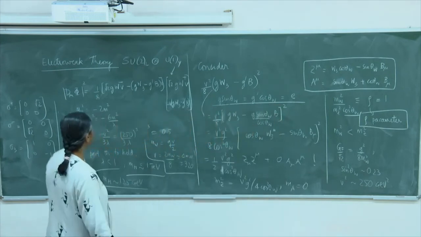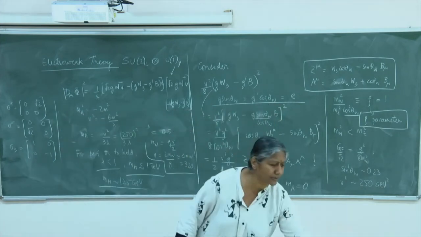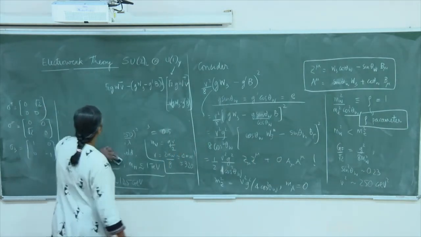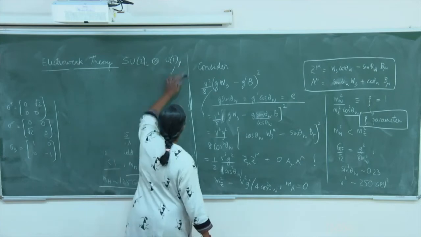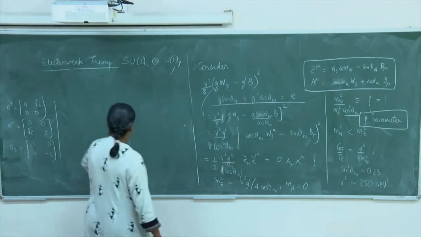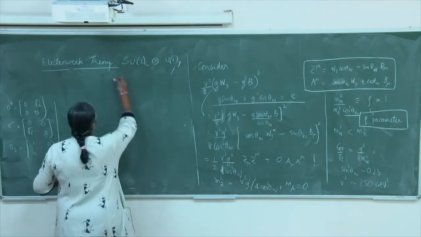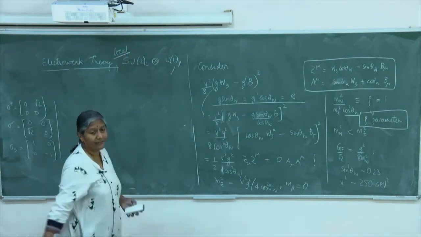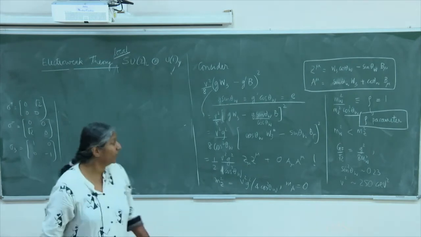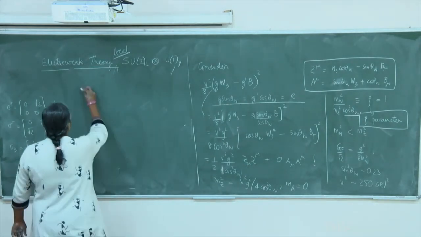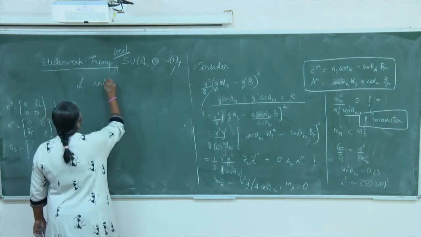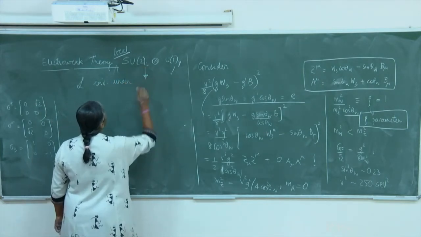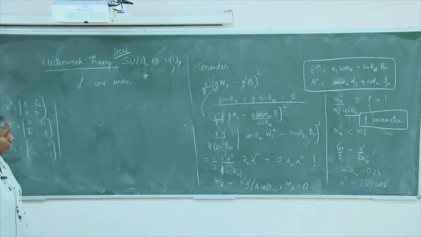Now I make some formal remarks before I stop. So let us see what we have done, okay. We have taken a local invariance in general. So L is invariant under this local SU2 cross U1y, okay.